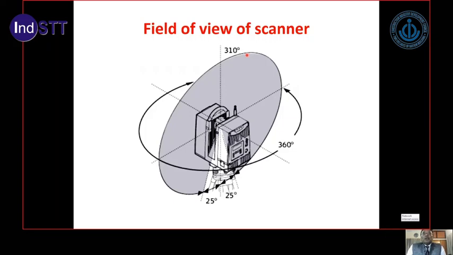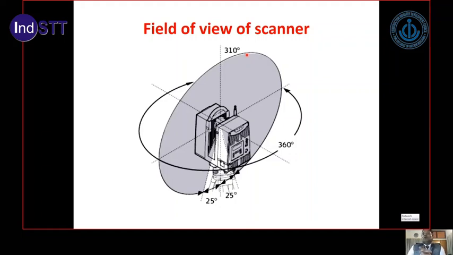This is the latest view of the terrestrial laser scanner. It can rotate 360 degrees in the horizontal plane and 310 degrees in the vertical plane. The meaning of this is that, not like a conventional equipment, where you are bisecting in one direction and it takes data just in that direction, the modern device can take the data all around you automatically.